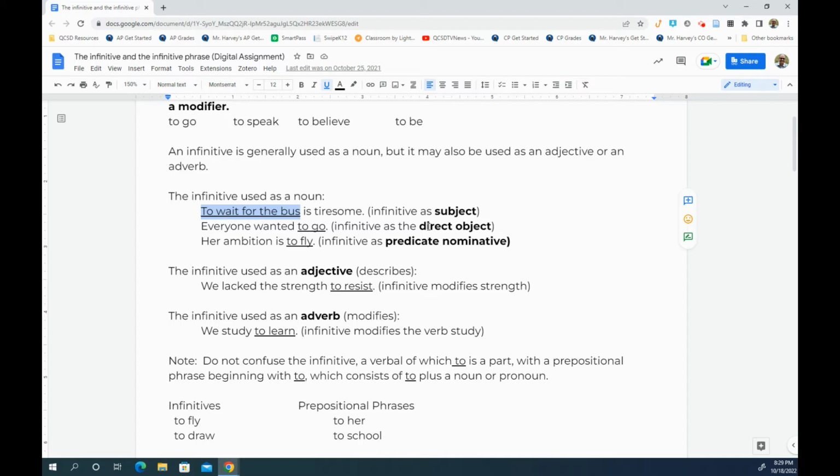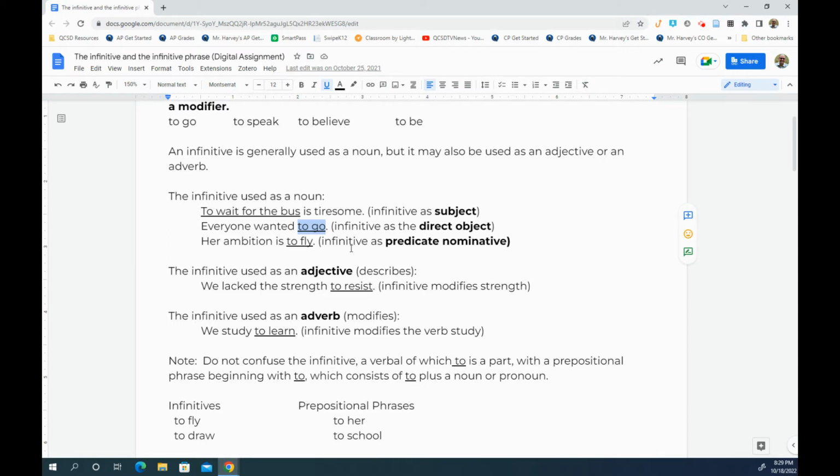So when you put the subject and the verb together and you ask the question what, that'll help you find the direct object. So if I said everyone wanted to go, everyone would be the subject, wanted would be the verb, and to go would be the direct object because it answers the question what. Everyone wanted what? They wanted to go. So that is an infinitive functioning as a direct object.